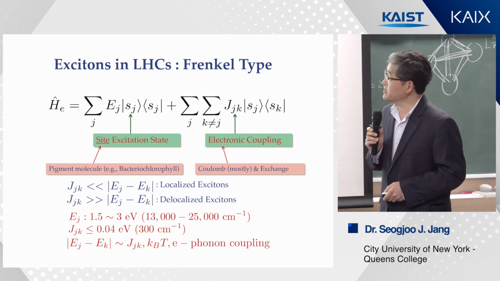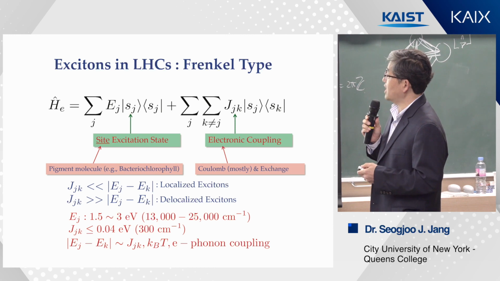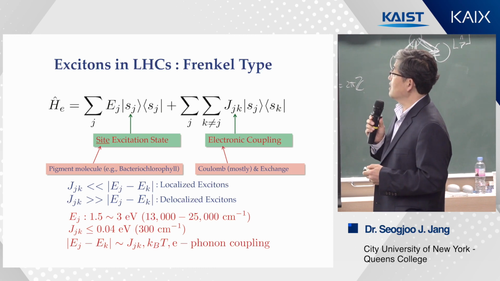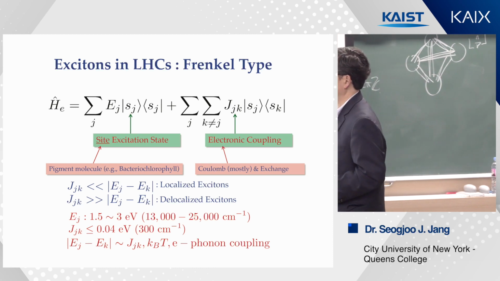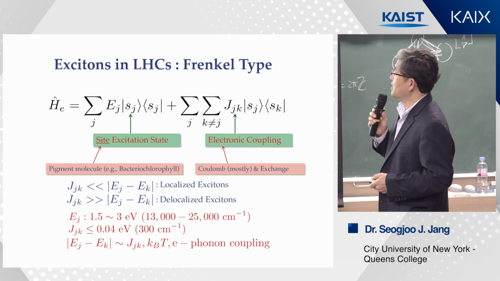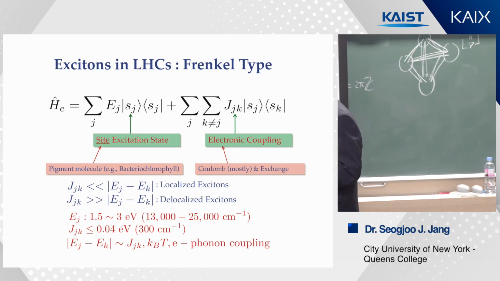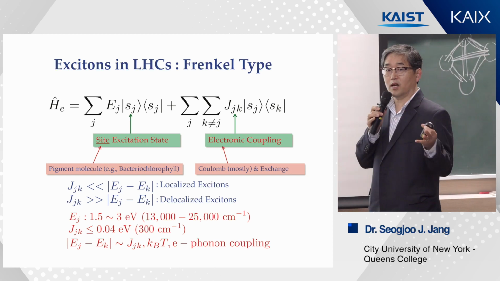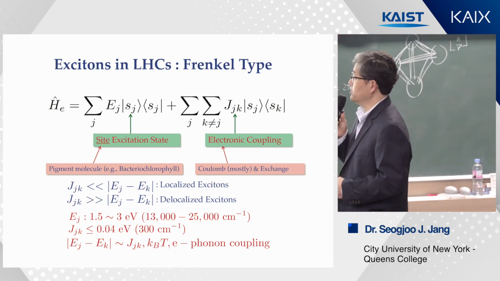It is well known that if the electronic coupling is much smaller than the energy differences, the excitons are well localized at one pigment molecule. However, if the electronic couplings are much larger than the differences, then the excitons are delocalized all over the chromophores or pigment molecules.